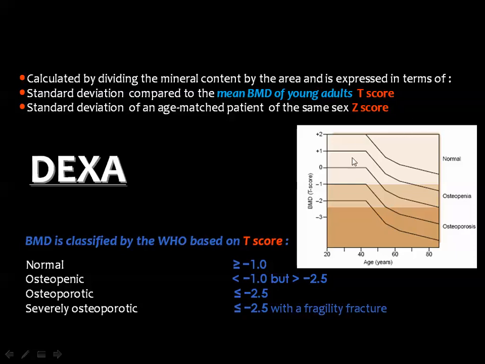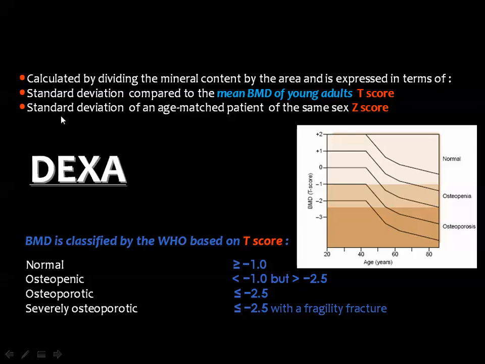By the T-score, this means that there is a standard deviation compared to the mean bone mineral density of young adults. Then you measure the bone mineral density and you compare it to a normal young adult, then you got the T-score.